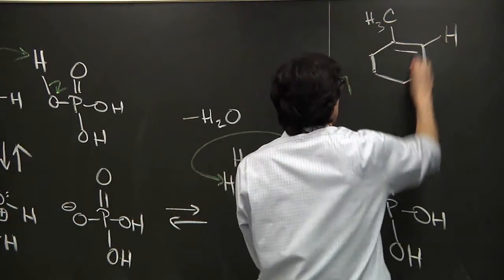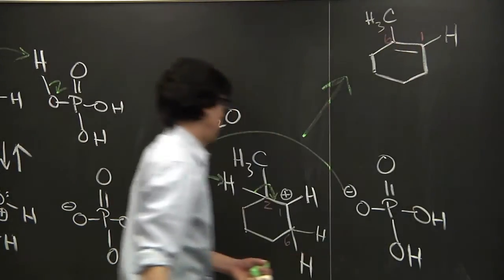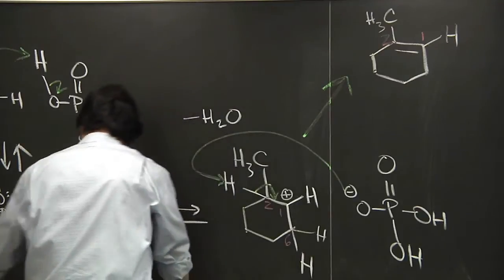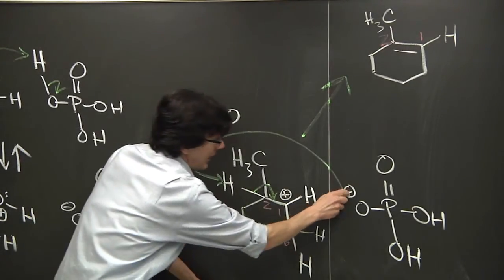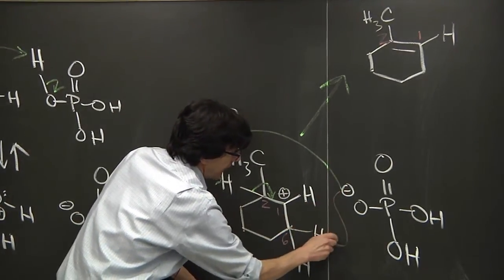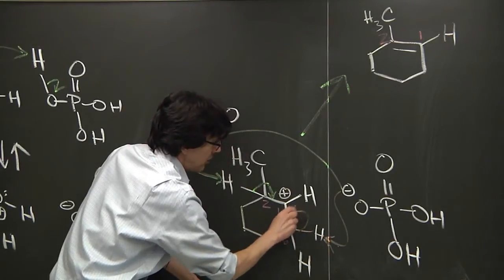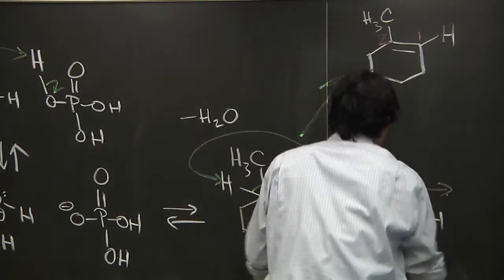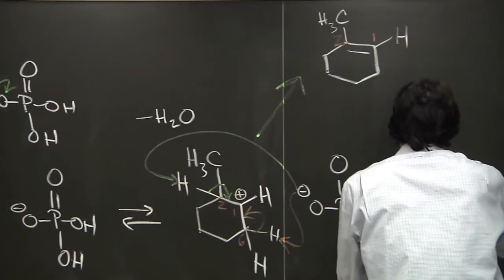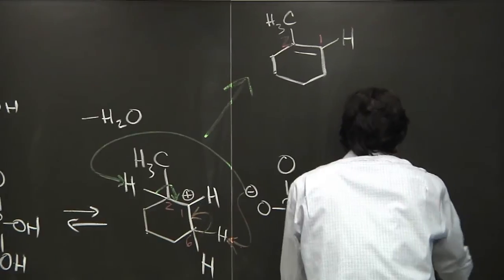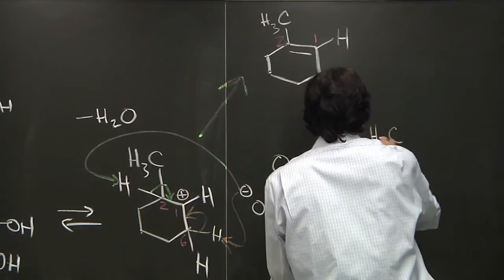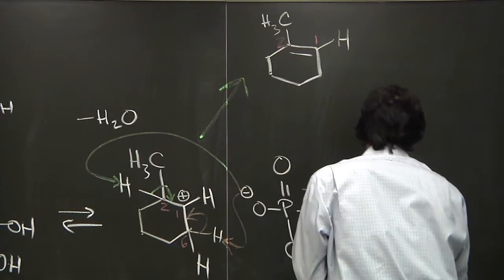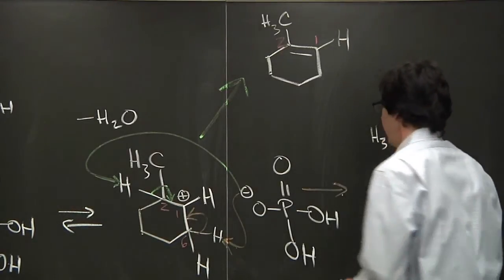Here's carbon 1, and here's carbon 2. Or the base could remove a proton from the other position, and we could make the double bond between 6 and 1. That would account for the formation of the disubstituted product that has a double bond between carbon 1 and carbon 6.